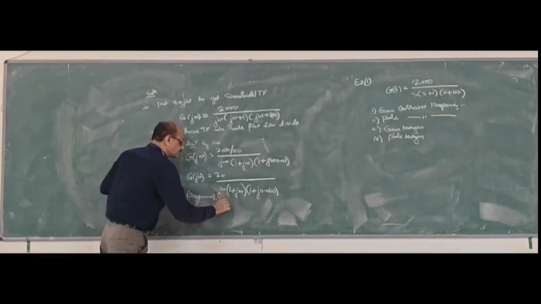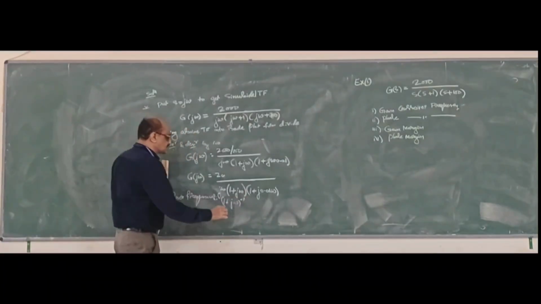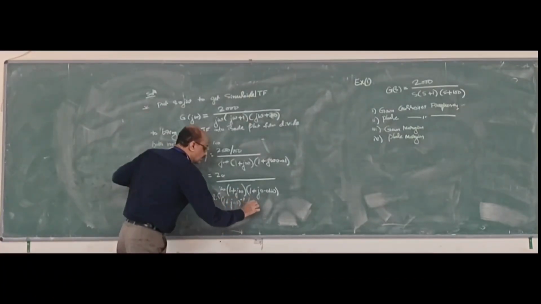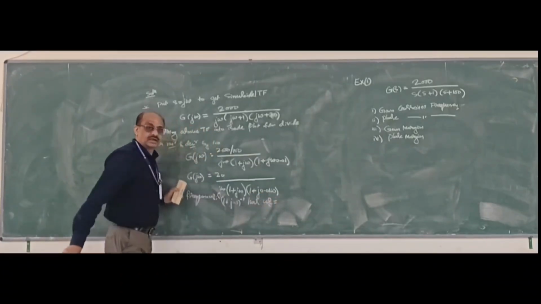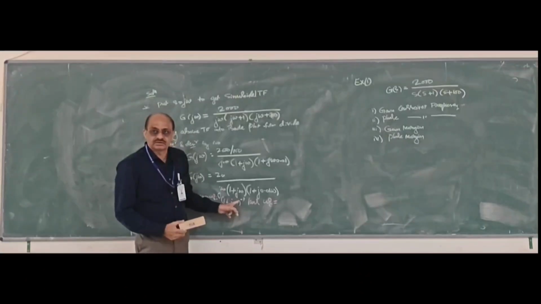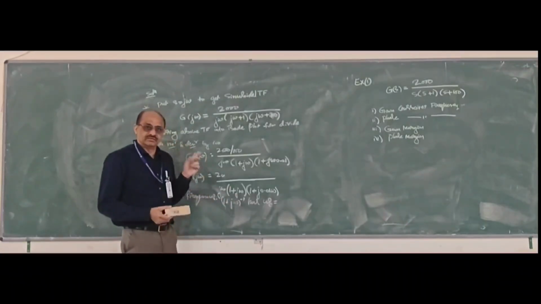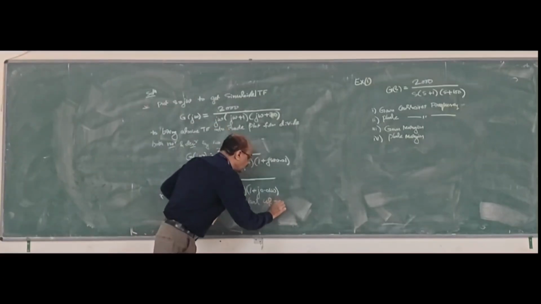So I write this as (1 plus j omega) to the power of minus 1. It has corner frequency omega c, which is nothing but the reciprocal of this coefficient, 1 by T. We have written T is 1, so the reciprocal is 1 radian per second.